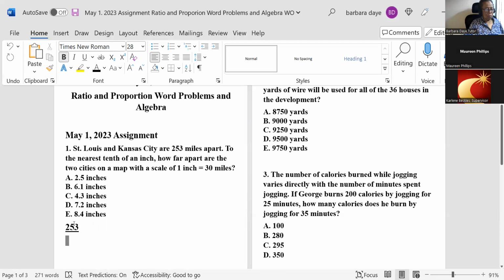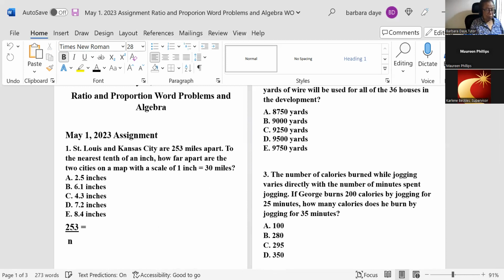This is miles, and this would be inches, right? You're looking for what it is in inches. It's 253 miles apart. The scale is 1 inch to 30 miles. So you're looking for what this would be in inches. We'll just call that an N, right? And what is that equal to?